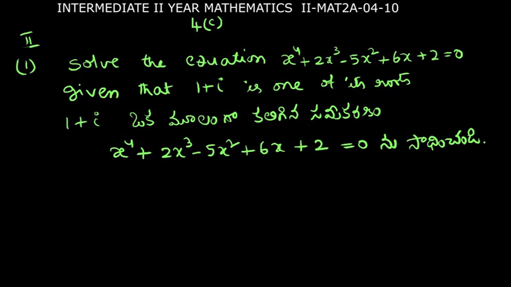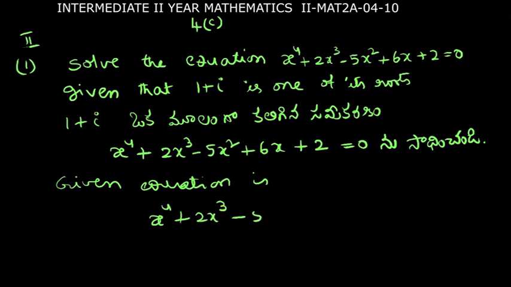Okay. Now, given equation is x power 4 plus 2x cube minus 5x square plus 6x plus 2 is equal to 0.